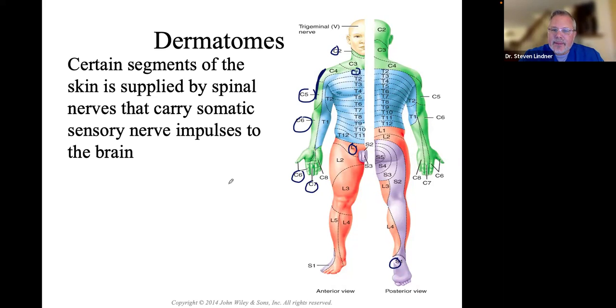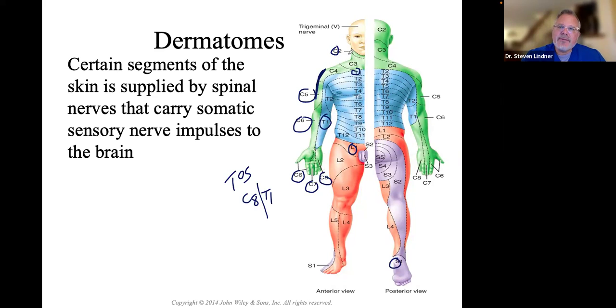And then remember thoracic outlet syndrome, which was the C8 and T1 nerve root of the brachial plexus that was being compressed by either pec minor or the scalenes. And the symptoms were the medial forearm, pinky, and half of the ring finger, because look where the T1 and the C8 dermatomes are.